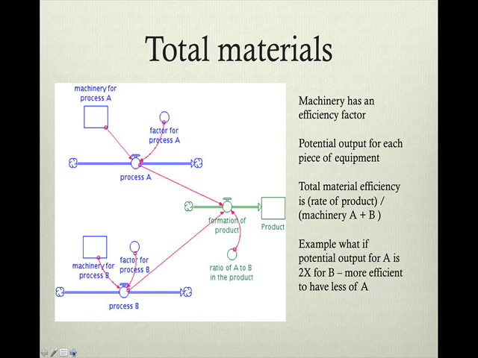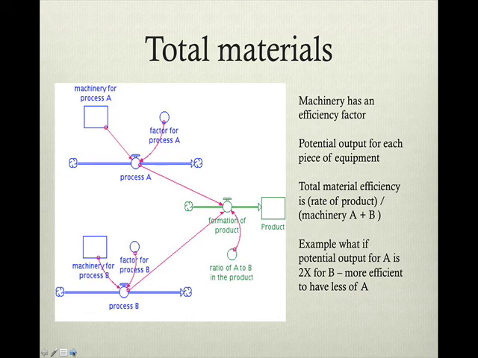So, in this example that I'm showing here, which I'm hoping will also be available as a simulation under the simulation link, we're going to look at the total material efficiency, which is the rate of product over the total machinery for A and the total machinery for B added together. And in this particular example, we're going to see what happens for the potential output if you need twice as much A as you do for B.